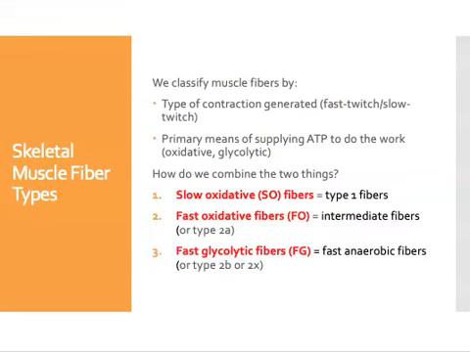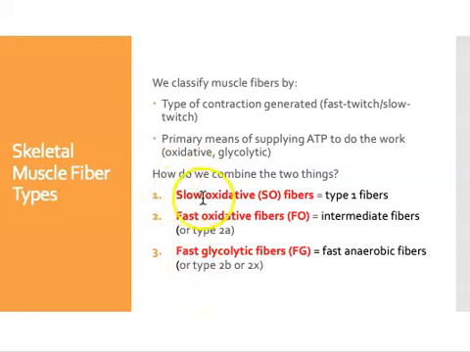So now when we describe different kinds of muscle fibers, we combine both the power speed classification and the where-the-ATP-is-coming-from classification. So we combine both the fast and slow twitch language with the oxidative glycolytic language. And these are the classifications that we use.